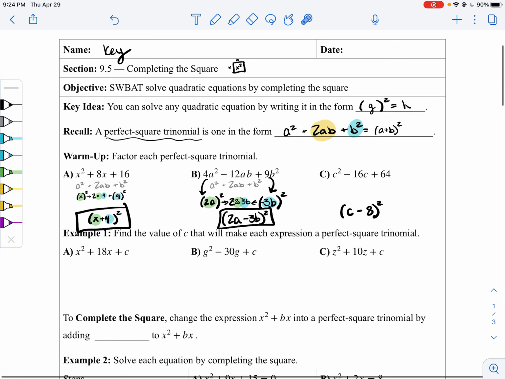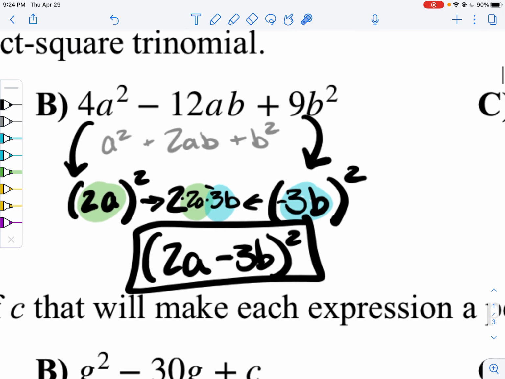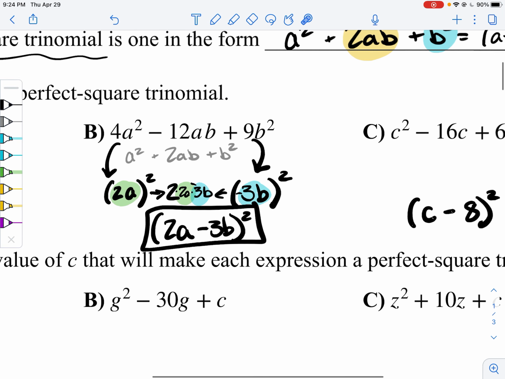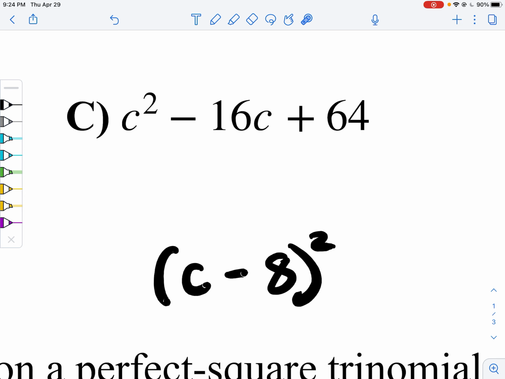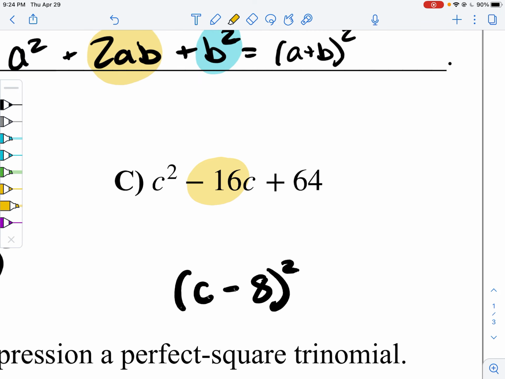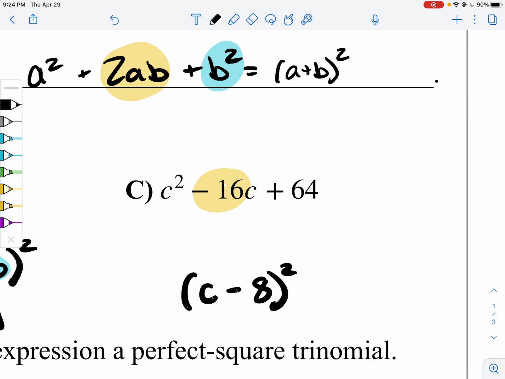So yes, we look at these and figure out what their square roots are, but we can actually check from the middle. You'll notice that this middle term is going to be twice what we need.